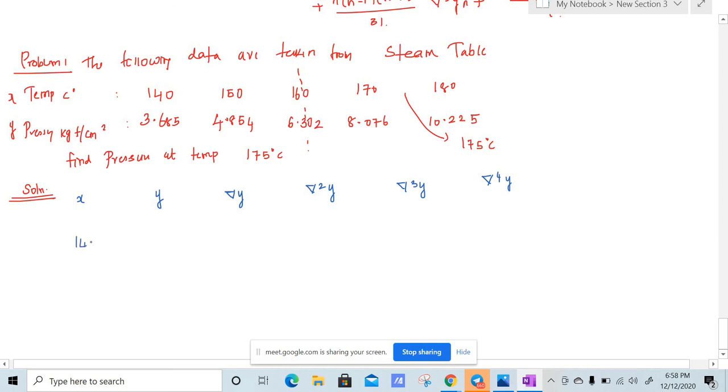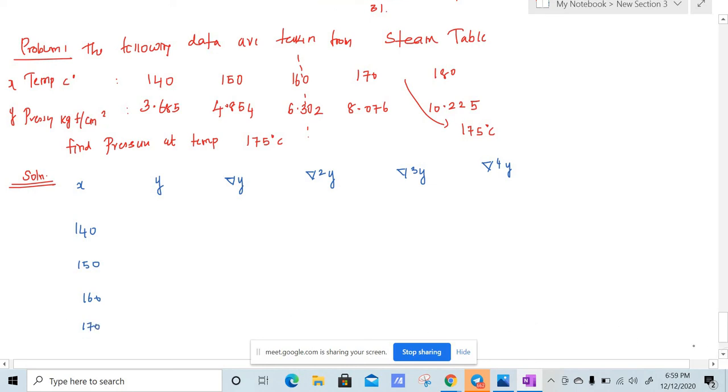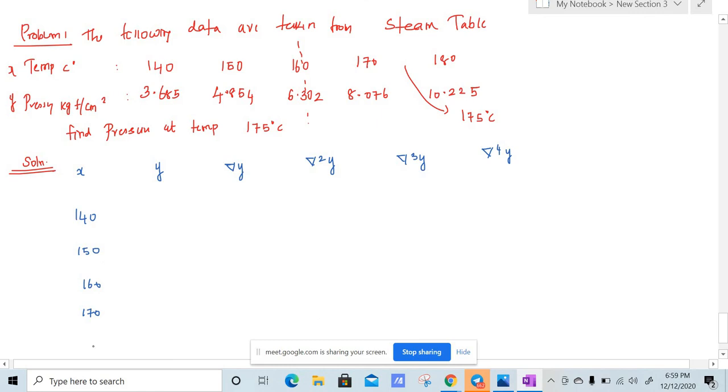So x is 140, 150, 160, 170, and 180. So y is 3.685, 4.854, 6.302, 8.076, and 10.225.